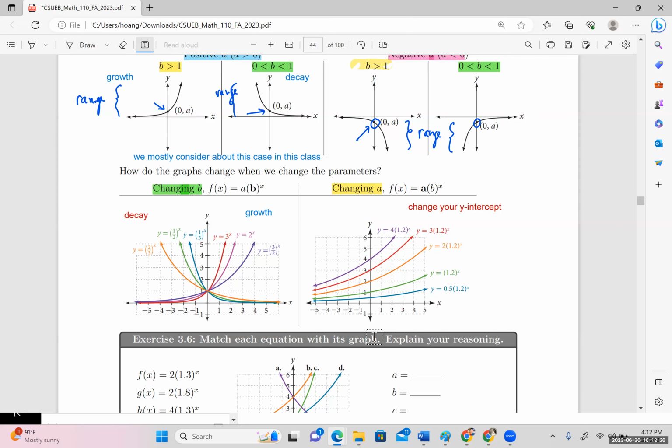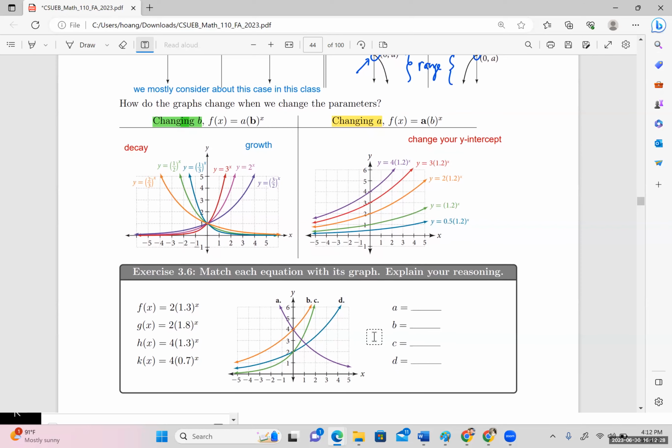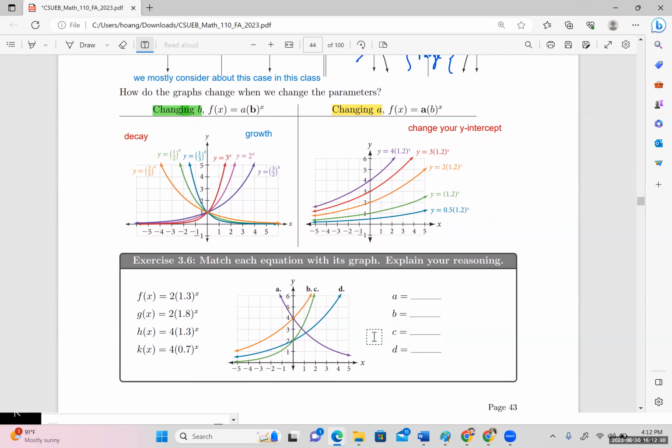Okay, so I would like to let you guys practice on these problems. Keep in mind we have 3.6: match each equation with its graph and explain the reason. Think about what I said before.